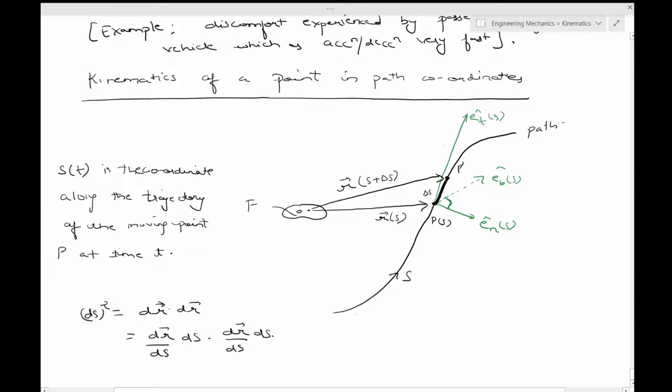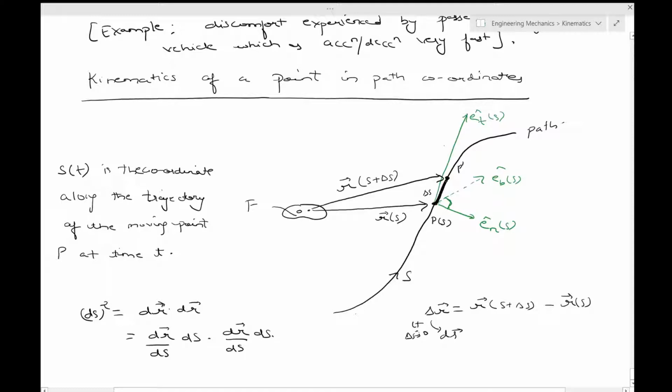Now if we want to write this ds squared, that can be written as dr dot dr. Delta r will be equal to r of S plus delta S minus r of S. When delta S tends to 0, this becomes dr.